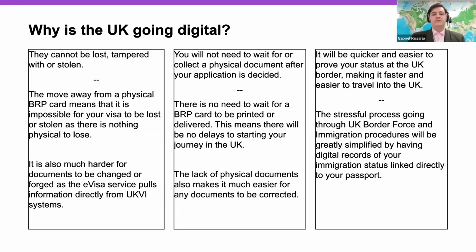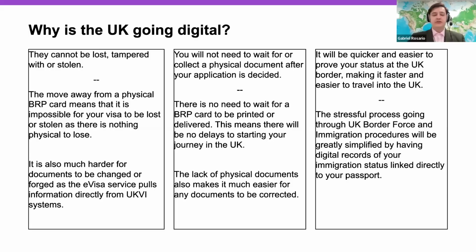This has been a key benefit for students who are obtaining e-visas instead of BRP cards, because when you travel to the UK, it means you can get started with life straight away. There is no need to wait for a BRP card to be printed and become available at any destination, be it either a post office or the university.